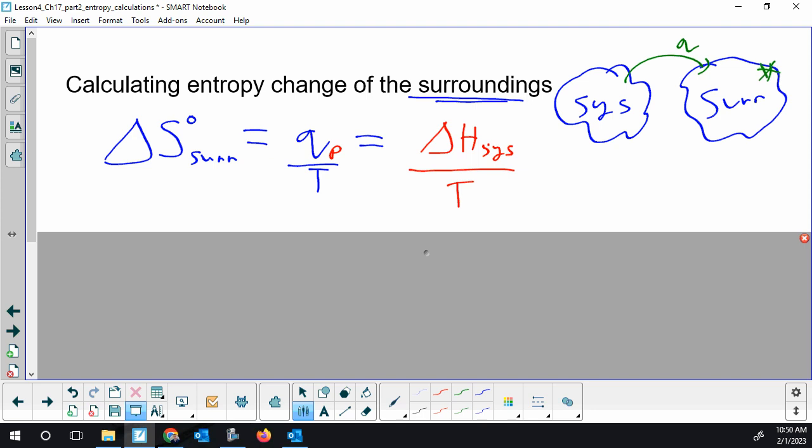Okay, so to make this work, we've actually got to flip the sign of the enthalpy change of the system. Okay, to make predictions of the entropy change of the surroundings, we need to take the enthalpy change of the system, flip the sign, okay, and then that's scaled per temperature. Okay, so this is how we can get the entropy change of the surroundings.